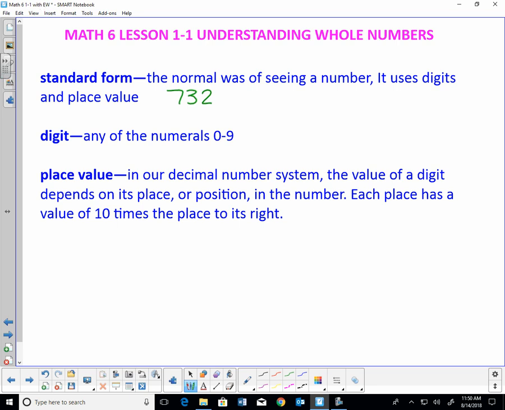So in the number 732, the 7 is in the hundreds place, the 3 is in the tens place, and the 2 is in the ones place. Each place has a value 10 times the one to its right. So this is ones, this is tens, which is 10 times 1, this is 100, which is 10 times 10.